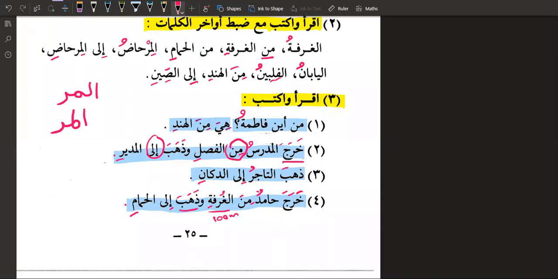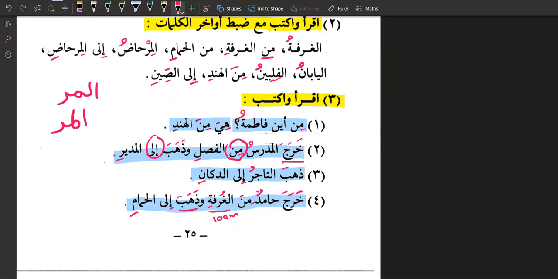So we say: من أين فاطمة؟ هي من الهند. Where's Fatima from? She's from India. خرج المدرس من الفصل وذهب إلى المدير. The teacher left the classroom and went to the head teacher. ذهب التاجر إلى الدكان.